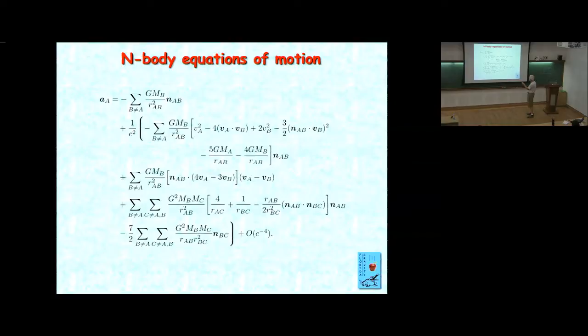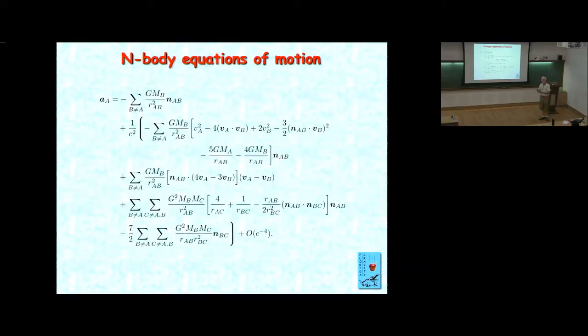This is just a non-linear effect of the gravity due to body B. There are terms that are in the directions of the velocities. So the acceleration is no longer radial. There are terms that are in the direction of the velocities. And there are terms here that are three-body terms. This is a sum over B not equal to A and over C not equal to A or B. So the acceleration of body A is affected by a combination of the fields due to body B and body C. Again, this reflects the nonlinearity of gravity.